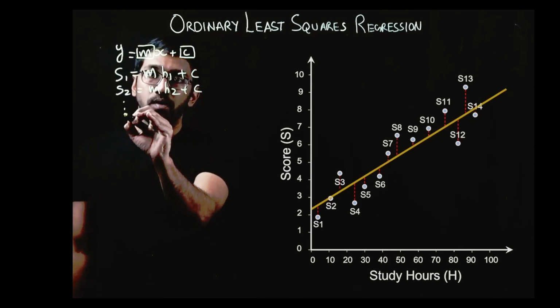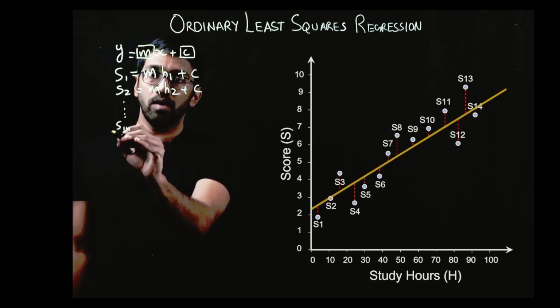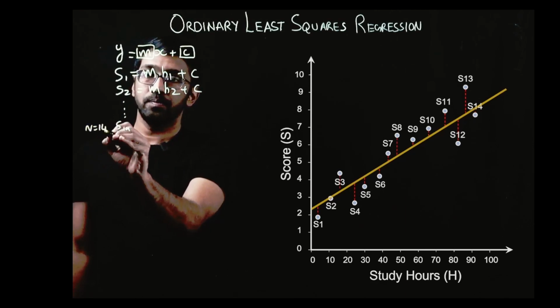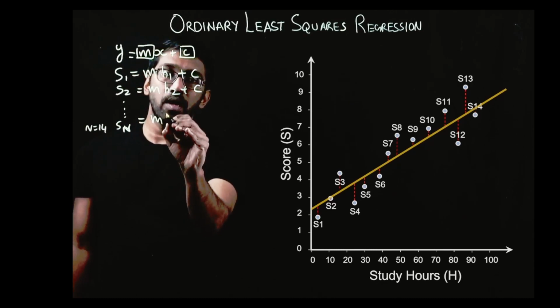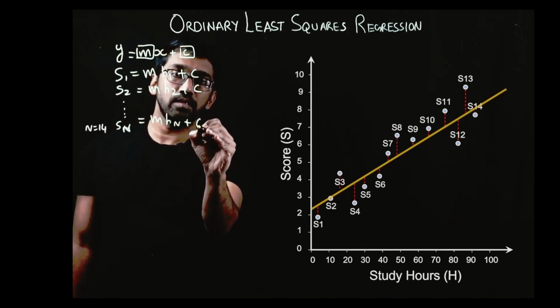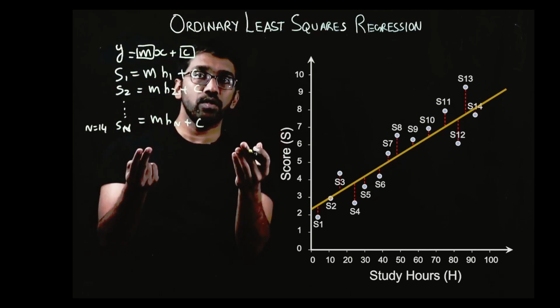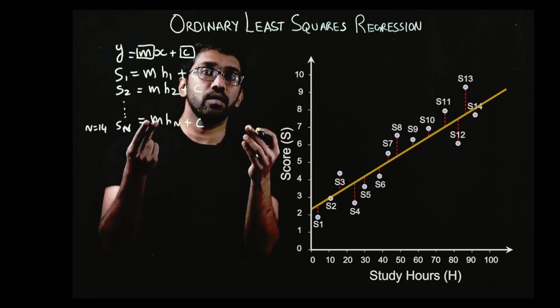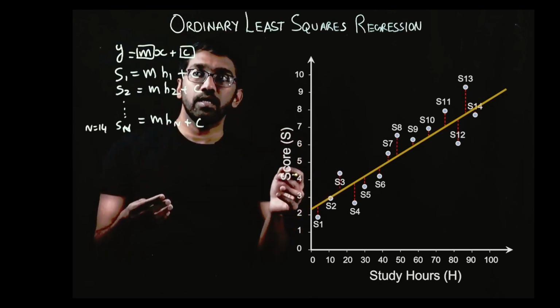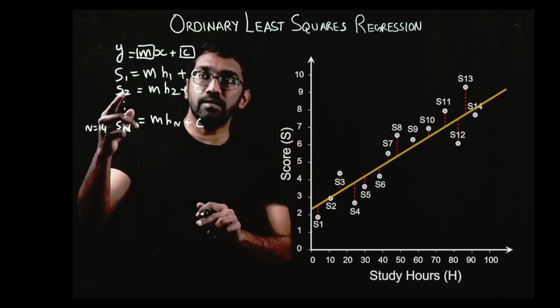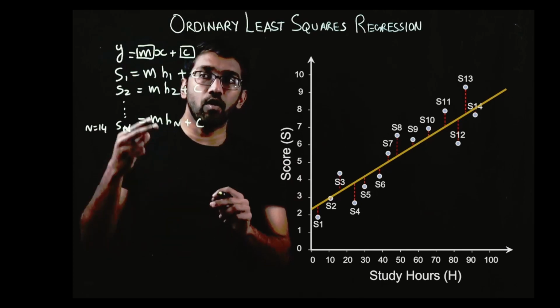And all the way we can write up to student 14. Let's say n equal to 14 here, and we can write Sn equal to m into hn plus c. So we have written down all the equations associated with this particular modeling technique, the relationship that exists between S and H for all the students.